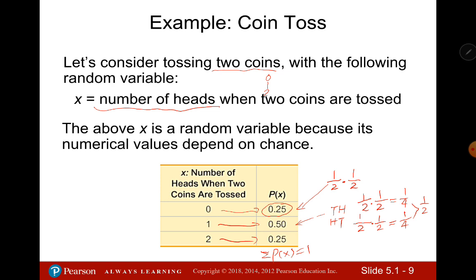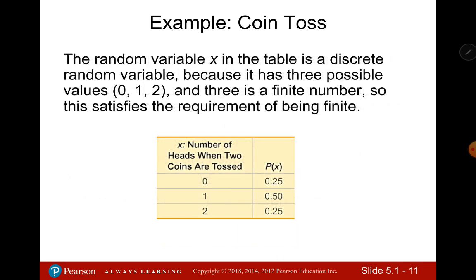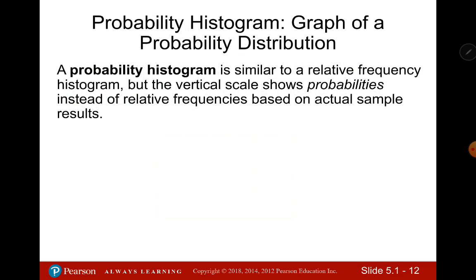So this one is a probability distribution. And we know it has three possible values, a countable number, so it's a discrete random variable. The values are countable.